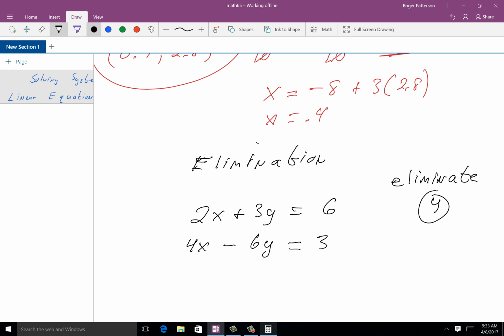To do that, I'm going to multiply the top equation by 2. And what happens when I multiply the top equation by 2 is these numbers are all going to change. But this one, most importantly, is becoming a 6. So I have a 6 here and a negative 6 here. So when I add those equations, the y is going to go away.